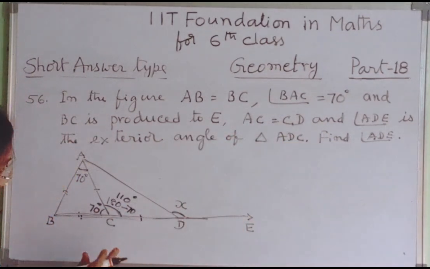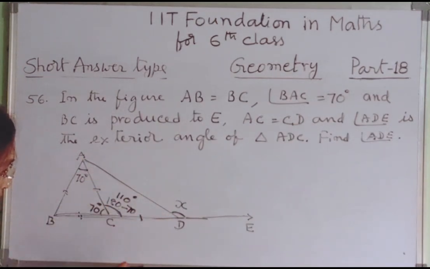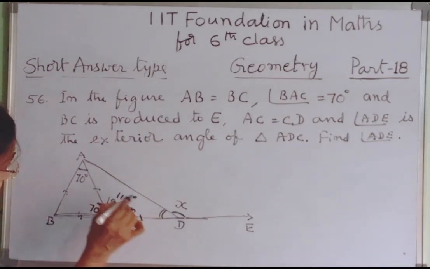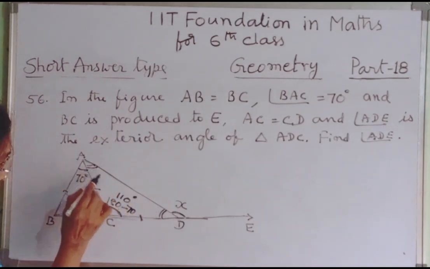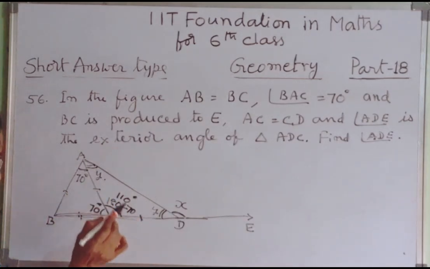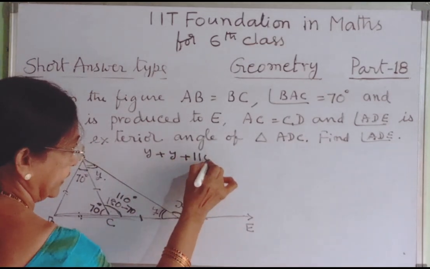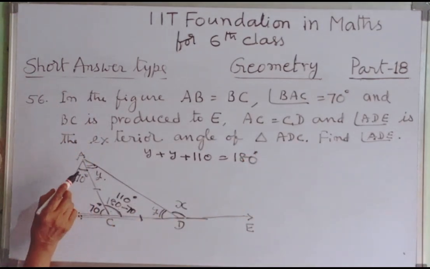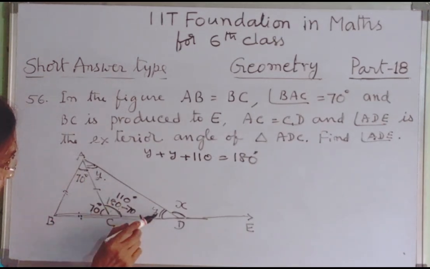AC is equal to CD. These two sides of this triangle are equal. Therefore, the angles opposite to these equal sides, that means this angle and this angle, are equal. So, let these two angles be each y. The sum of the angles in a triangle is equal to 180. Taking the triangle ACD, the angles are y, y and 110.